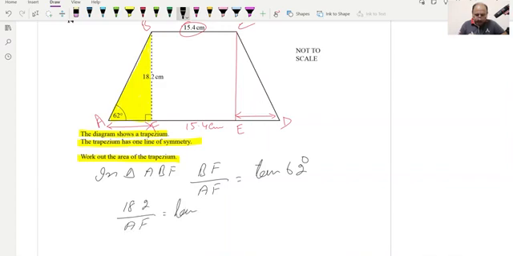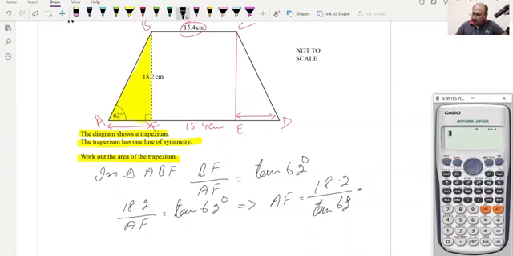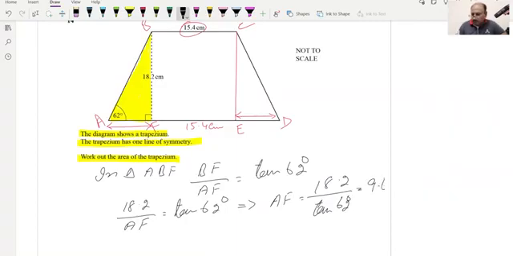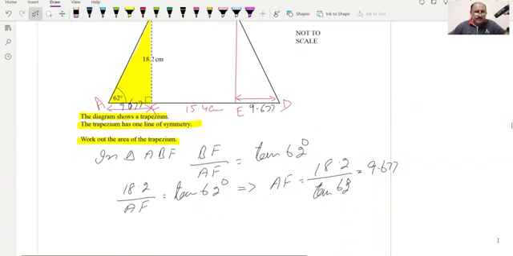This implies AF is equal to 18.2 over tan of 62 degrees, and this will be calculated as 9.677. So this length is 9.677, and this is also 9.677. Now we can find the length of the base AD.